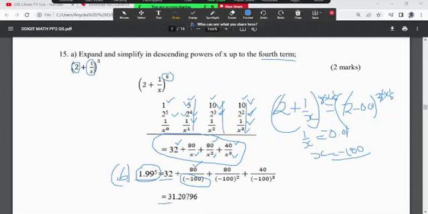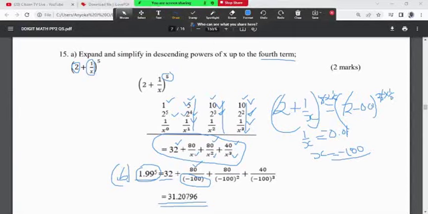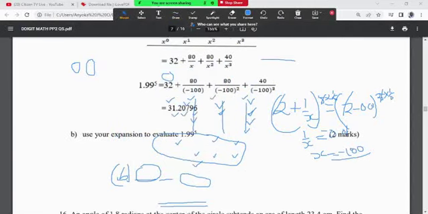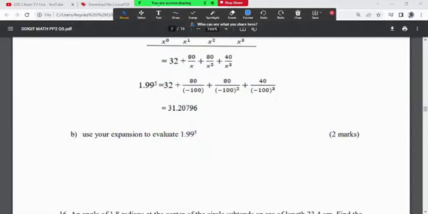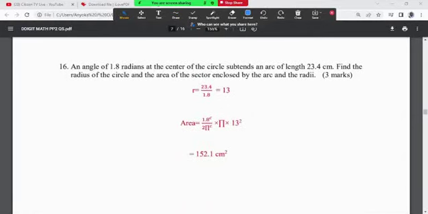We evaluate using a calculator and our answer will be at this level. Sometimes you'd be instructed to which level you should give your answer to. So the level at which you give your answer, you must calculate to that level of accuracy. Right, that's question 15.